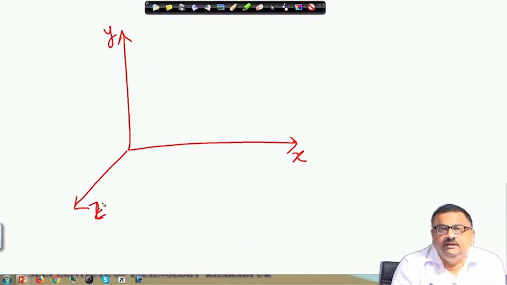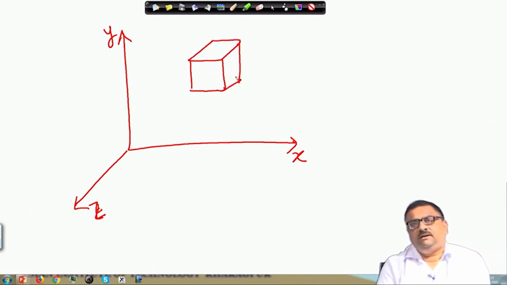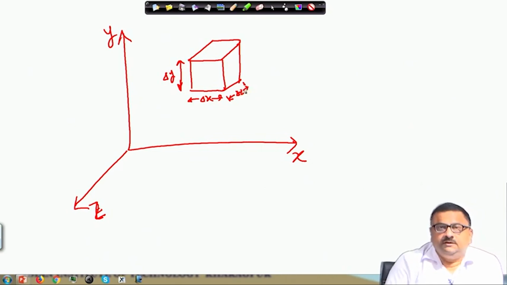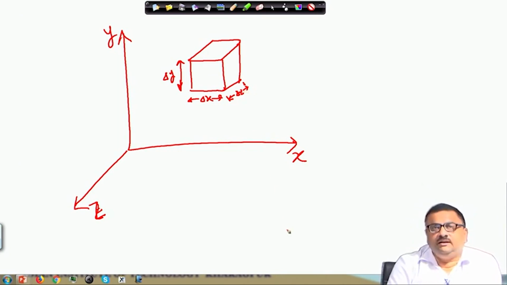What we do here is pick up a differential element of size delta x, delta y and delta z. There is a differential volume we are referring to.